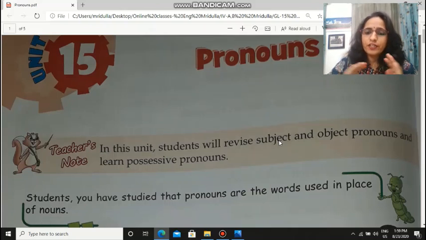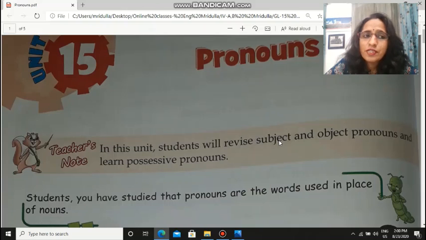Now before we get into subject and object pronouns, let's again discuss subject and object in a sentence. Who is the subject? Subject is the one who does the action. And who is the object? The receiver of the action is the object, right? And what do you mean by possessive?